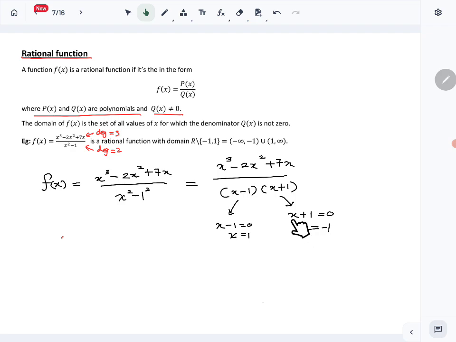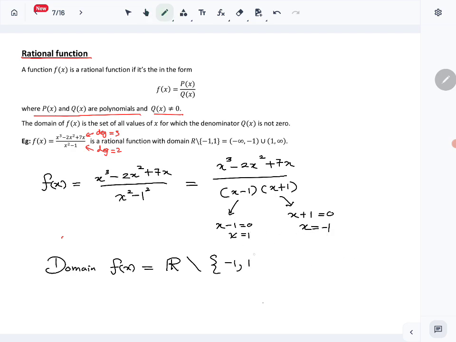Similarly, substitute x equals minus 1. This will become 0. So the denominator becomes 0. We can't divide by 0. That means we have to get rid of minus 1 from the domain. So what is the domain then? Domain of f(x) is what? All real numbers except which two? Minus 1 and 1. You have to get rid of those two.